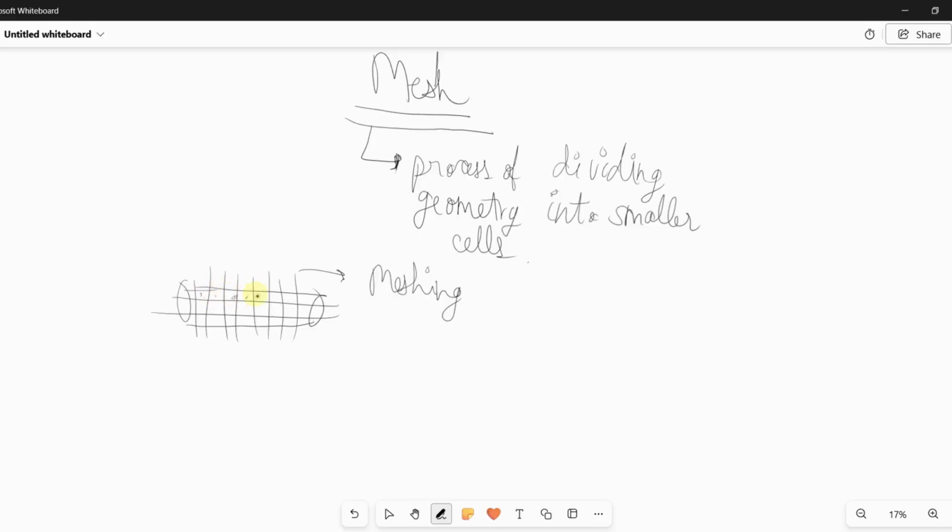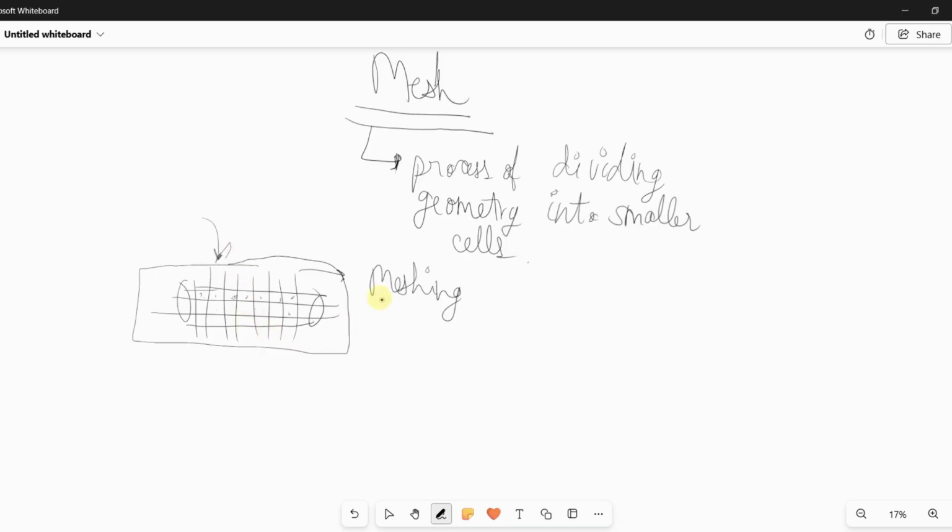Now under each mesh, or control volume, you enforce conservation equations and then solve, and that is your CFD, right? Meshing is one of the most important methods, because unless you mesh you can't enforce any laws or equations on the whole body.